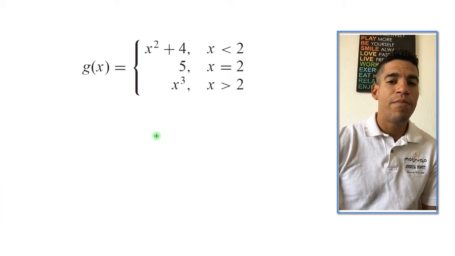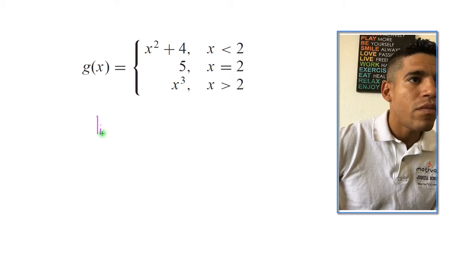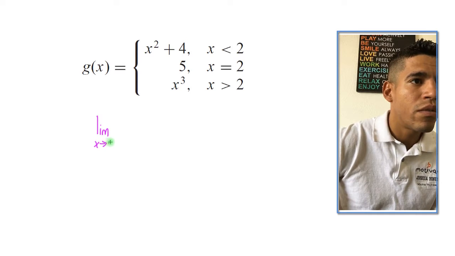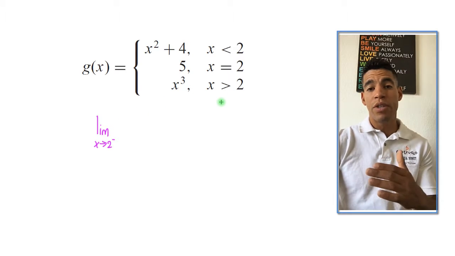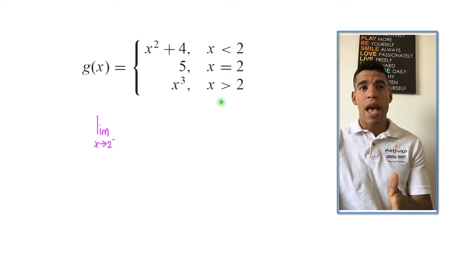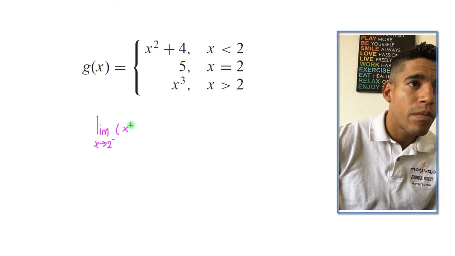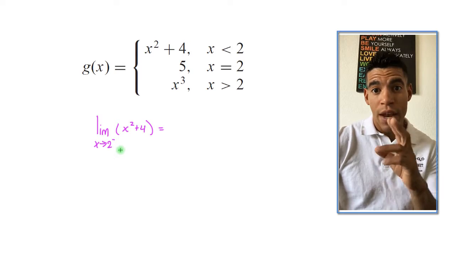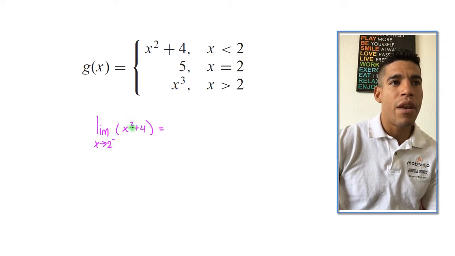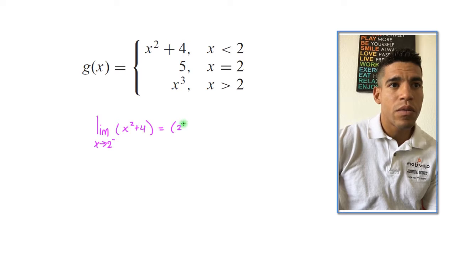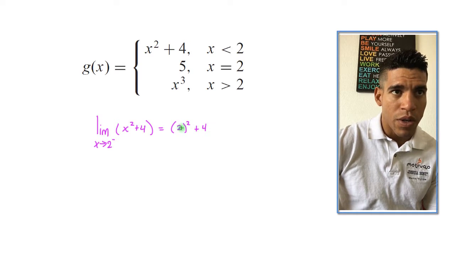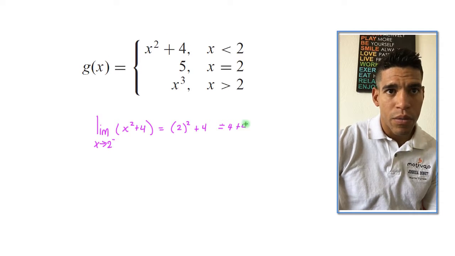So let's do that. The limit when x approaches 2 from the left of g of x is what? If I'm approaching from the left of 2, x is less than 2, so it has to be x squared plus 4. If we plug in 2, we get 2 squared plus 4, which is 4 plus 4, which is 8.